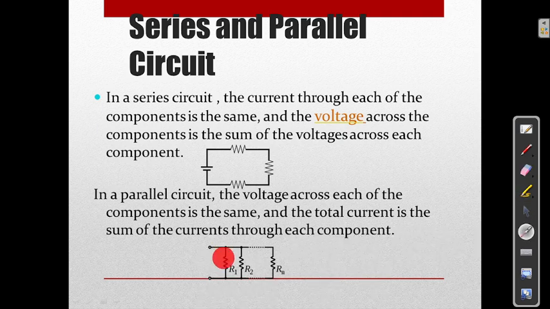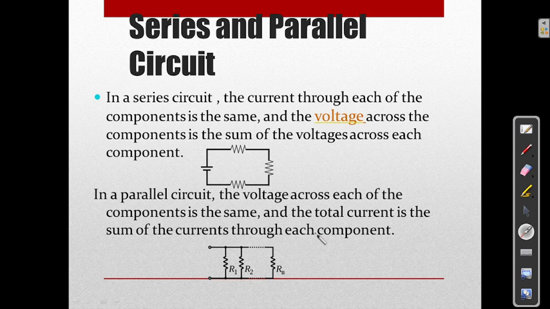This R1 is parallel with this R2, and this R2 is parallel with this Rn. So in a parallel circuit, the voltage across each component is the same, and the total current is the sum of the currents through each component.